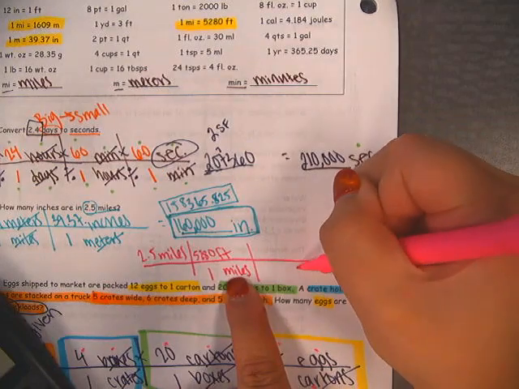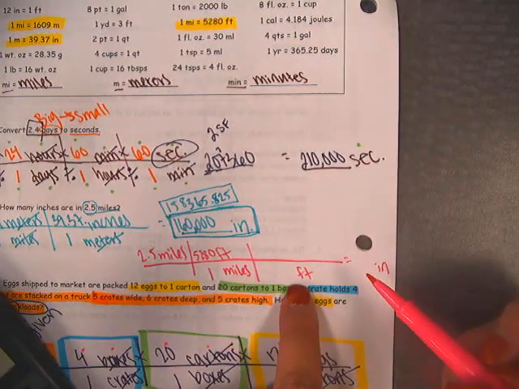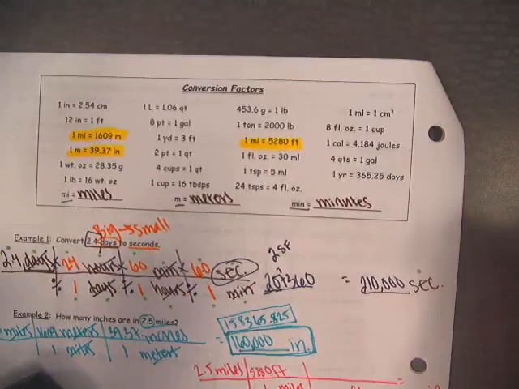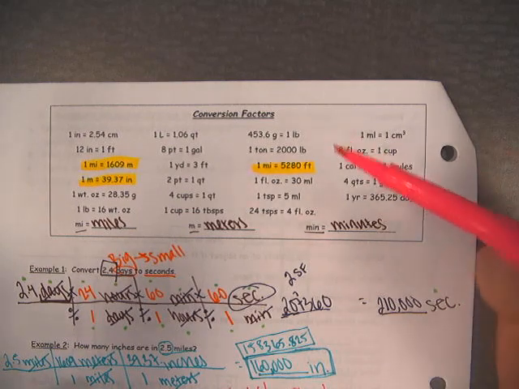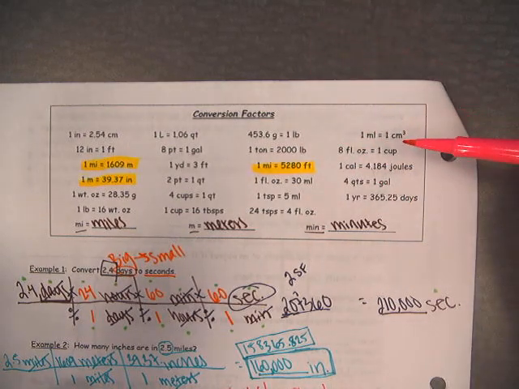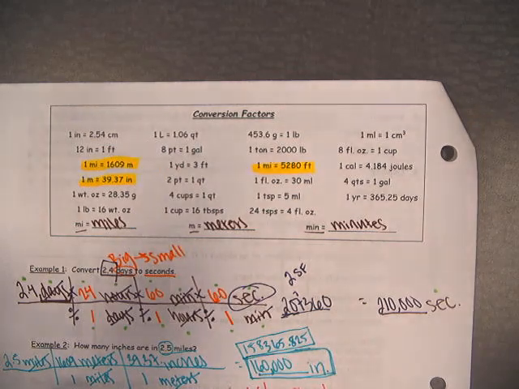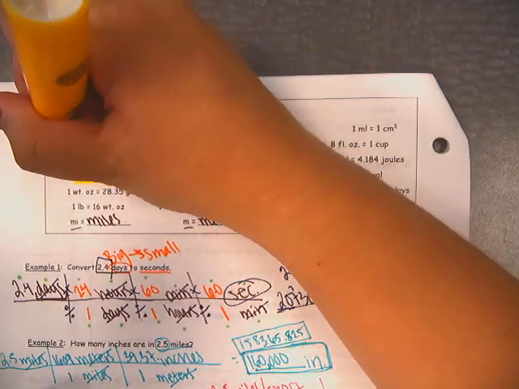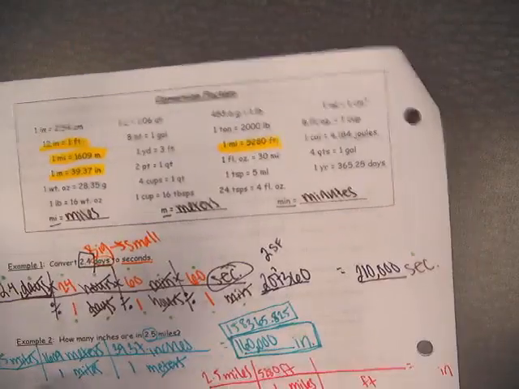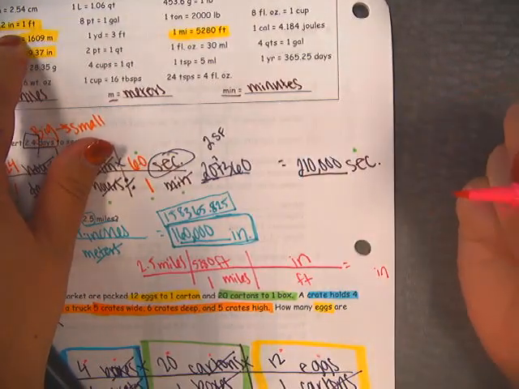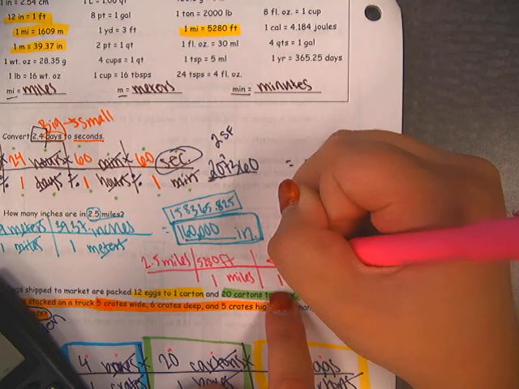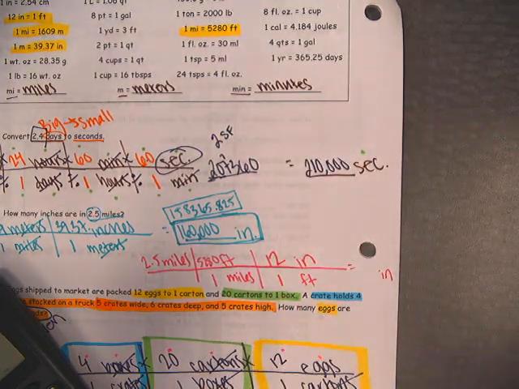And then I would disco down feet. And I would need to do feet, hopefully getting closer to inches. I'm sure that's on here somewhere. There. Okay, so 12 inches is 1 foot. So I can go from feet to inches. And I know that 1 foot is 12 inches.